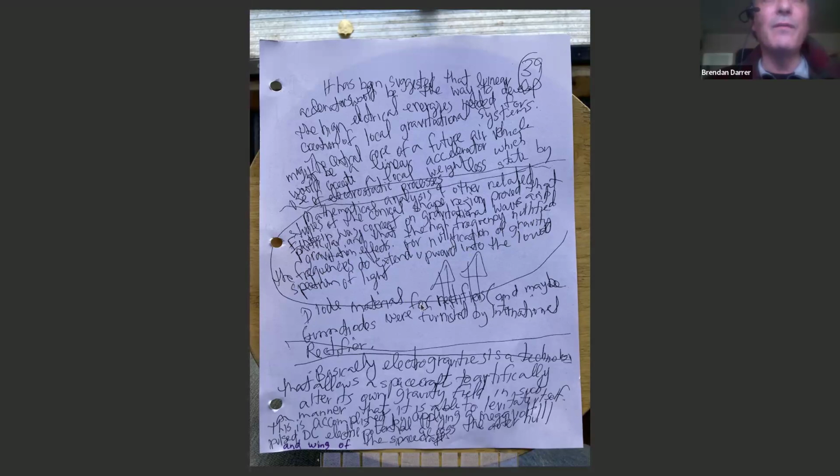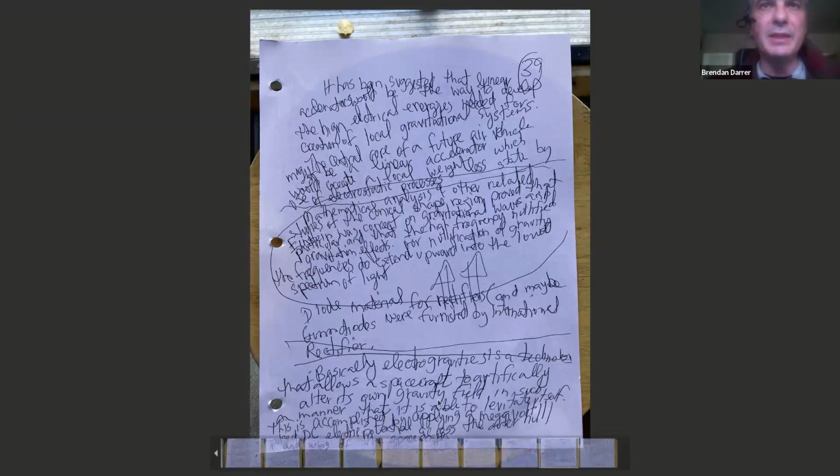Diode material for rectifiers and maybe gun diodes were furnished by International Rectifier, which is a company. Basically, electrogravitics is a technology that allows a spacecraft to artificially alter its own gravity field in such a manner that it is able to levitate itself.